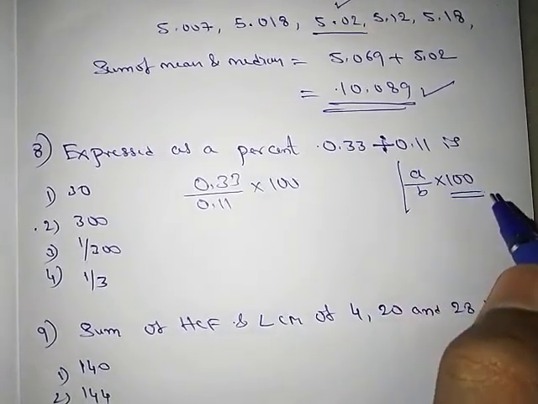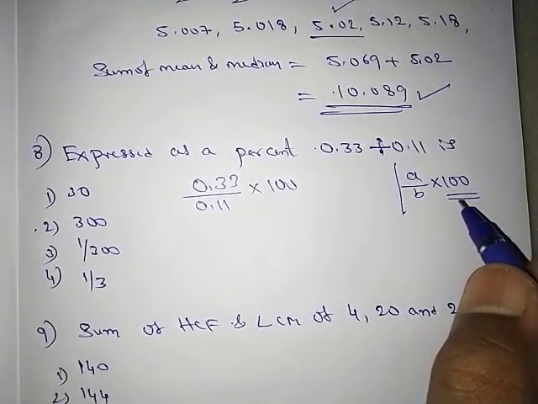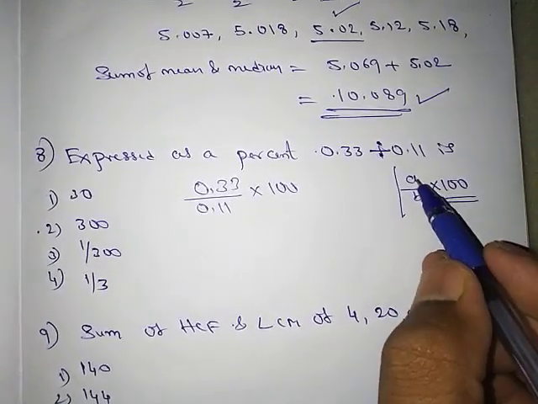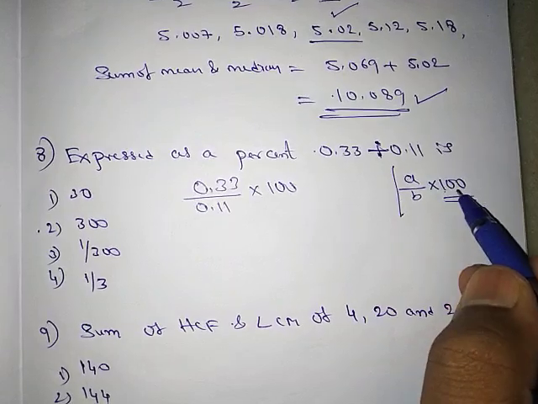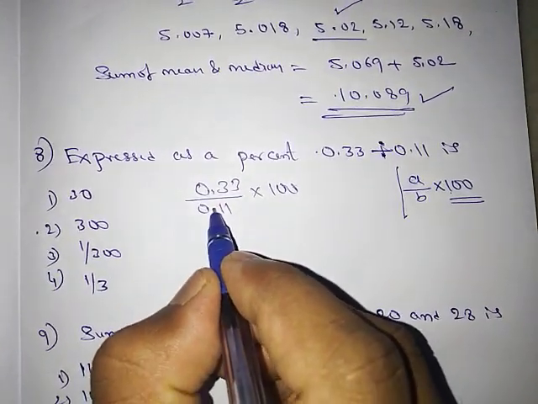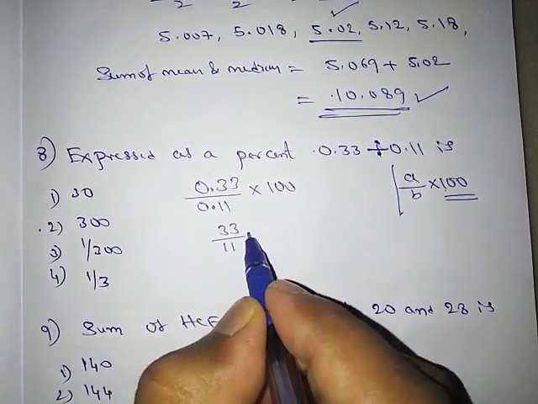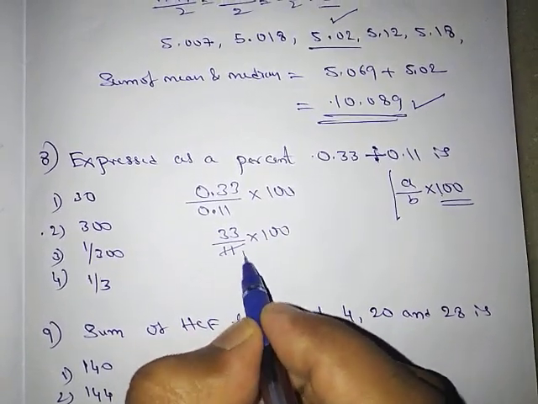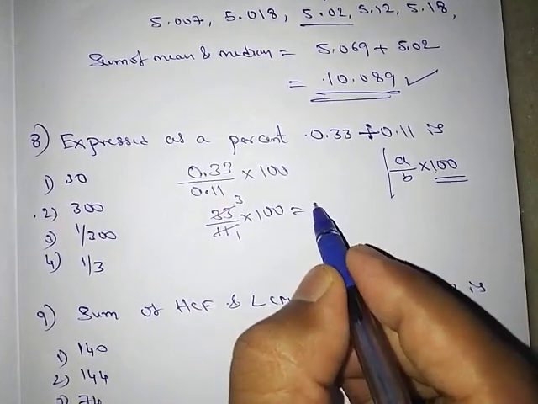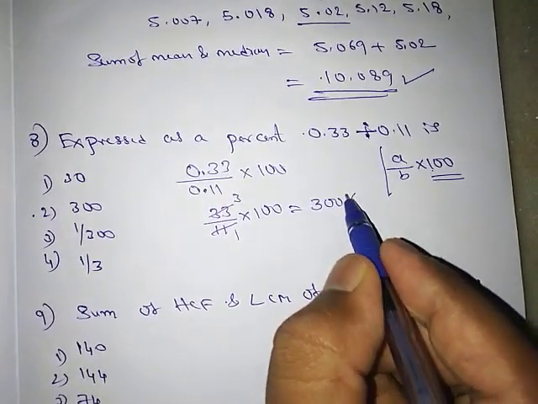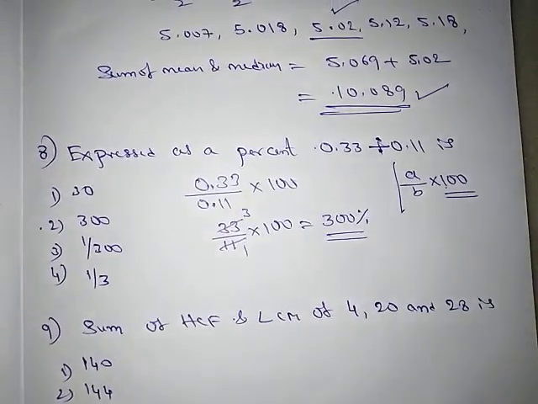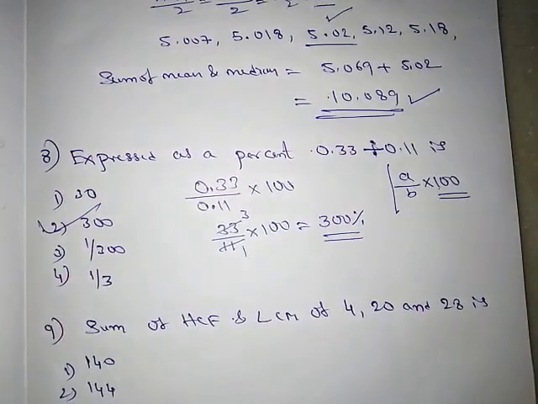When you convert other numbers, you need to divide by 100, right? But a fraction must be multiplied by 100. So you can shift the point here by 2 digits: 33 and 11 into 100. 11 ones are 11, 11 threes are 33, so 3 into 100 is 300 percent. Got it? That is in your option 2.